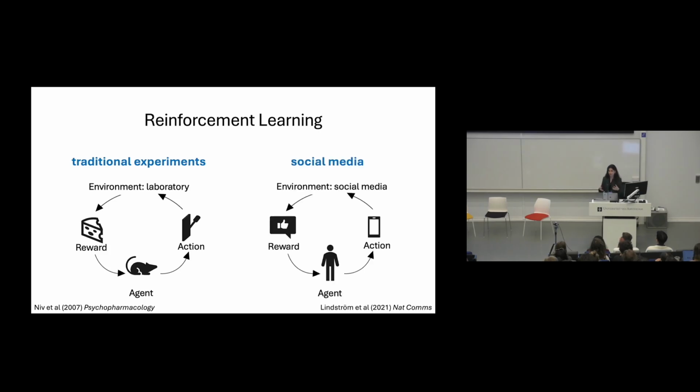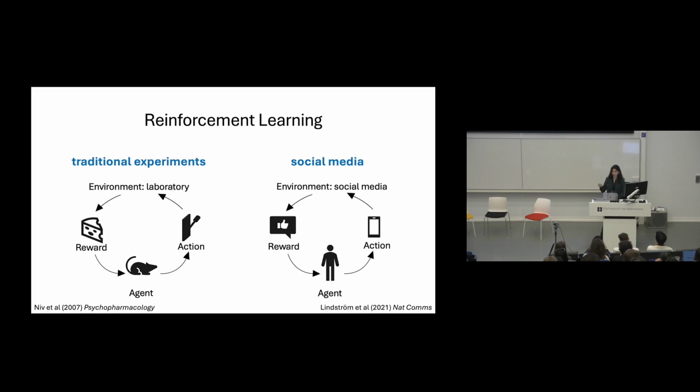Recently, people have been thinking about whether these exact same basic learning principles might also generalize to social media. So if in social media we think about the agent being the person using their phone, the action is learning to post on their phone, and the rewards they're getting are social rewards like likes on social media, then here we would ask: does the agent learn to adjust the speed at which they post in order to match the amount of rewards in the environment?